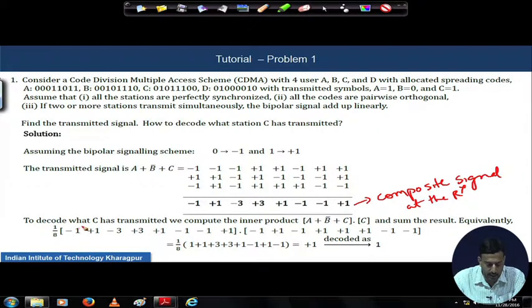So the way to decode what station C has transmitted is to represent this in a vector form, as you can see, and merely take the inner product of this received composite vector with the code vector corresponding to C.